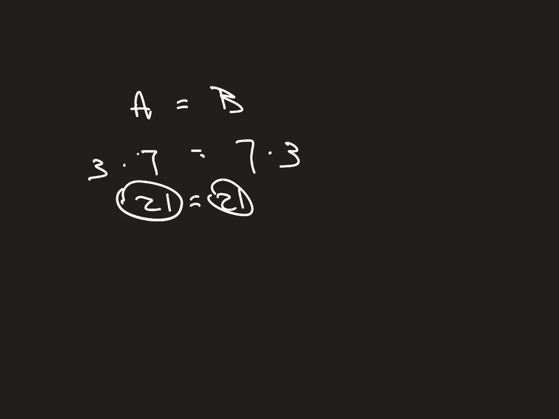It also works with multiplication. If we say that 7 equals 7, and we multiply this by 3 and multiply this by 3, we will get 21 equals 21. Again, the value is changed. It went from a 7 to a 21, but are they still equal? Yes, and that's all that we care about at this point.